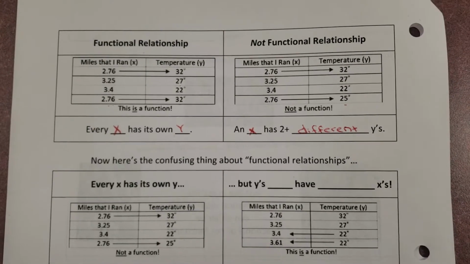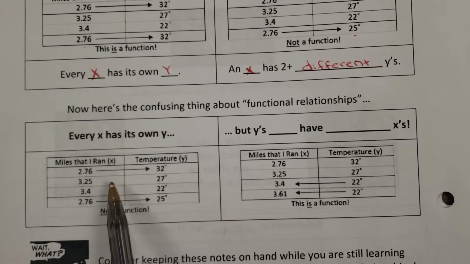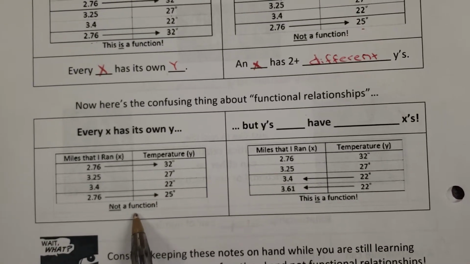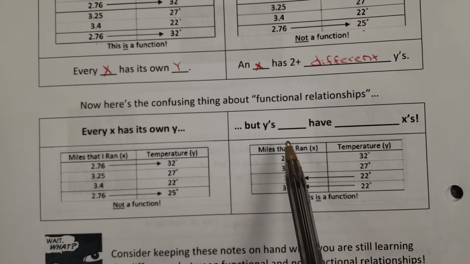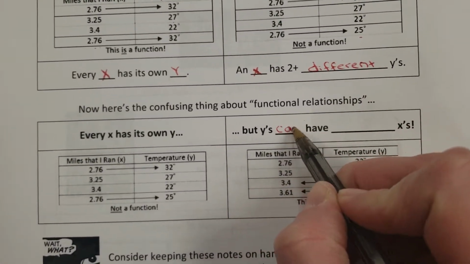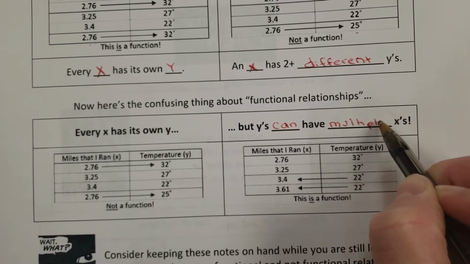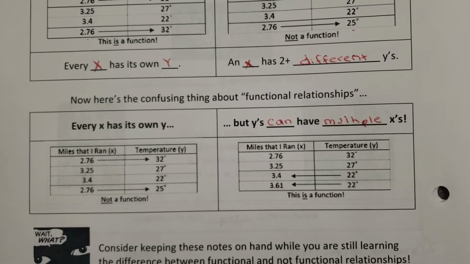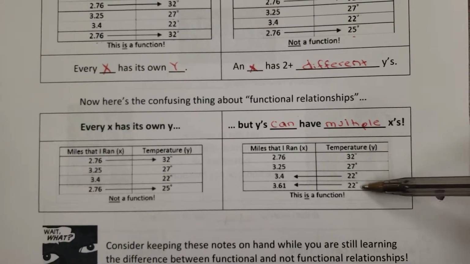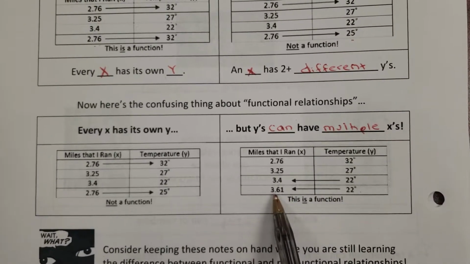So sorry about that. Now, while every X has its own Y, and this is not functional, every Y can have multiple X's. What? Seems a little unfair, right? So in this case, the 22 is repeated, but it's okay that it went with 3.4 and 3.61.